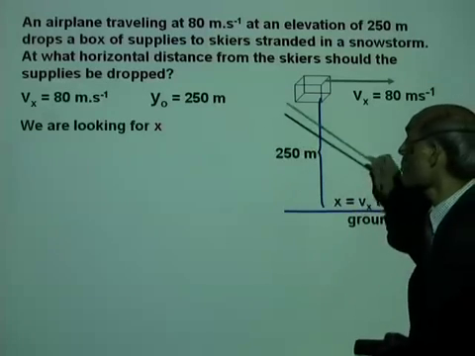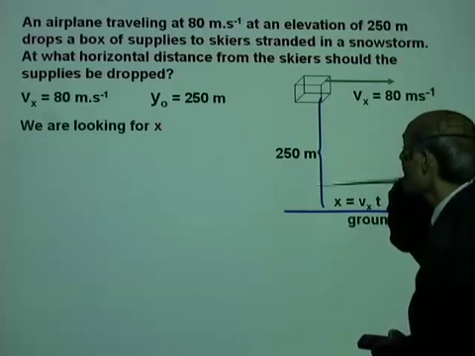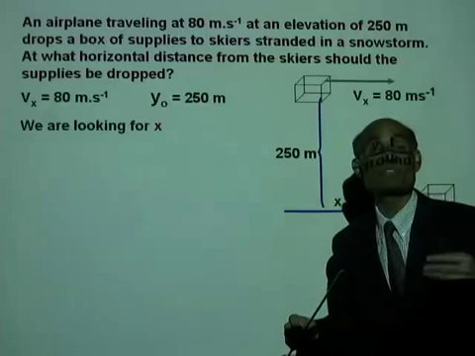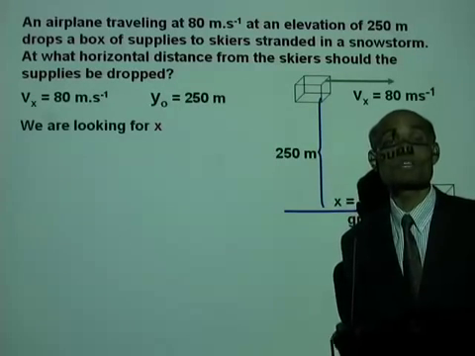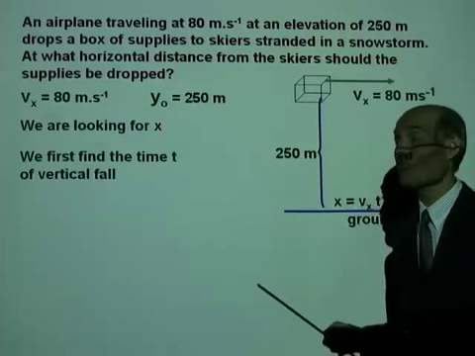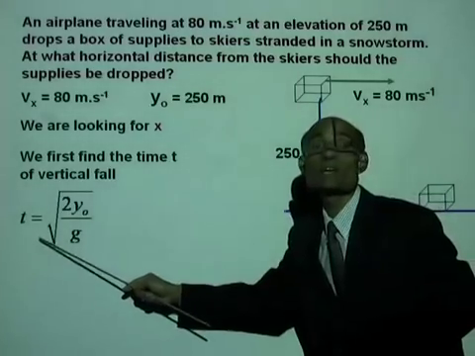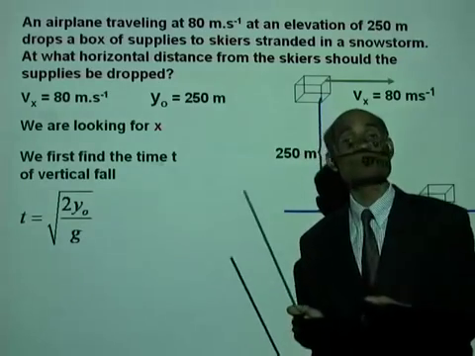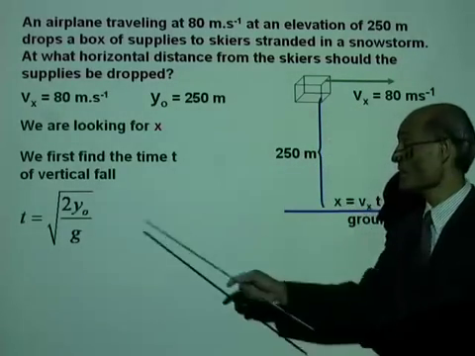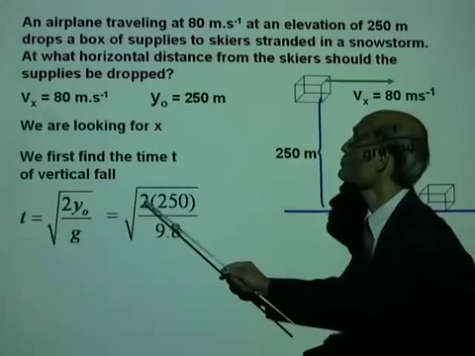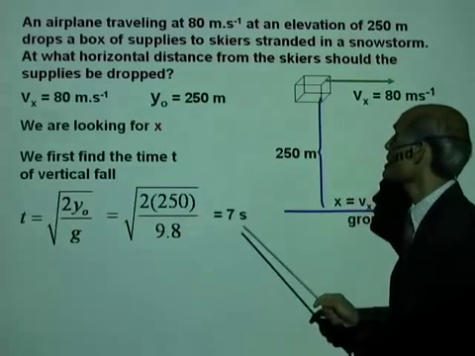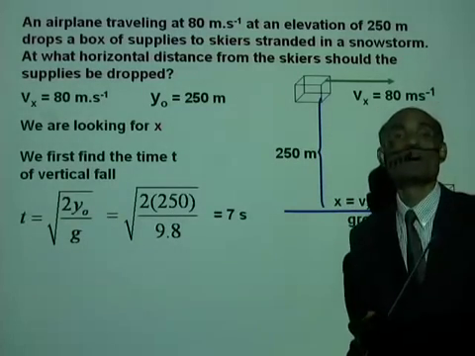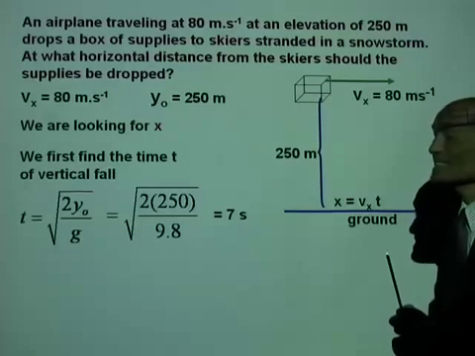Well, it is very simple. Since we know y0, we can find the time of fall. What is the equation for the time of fall? t equal to square root of 2y0 over g. Is that right? Yes.